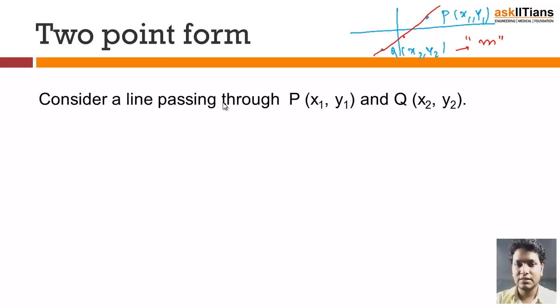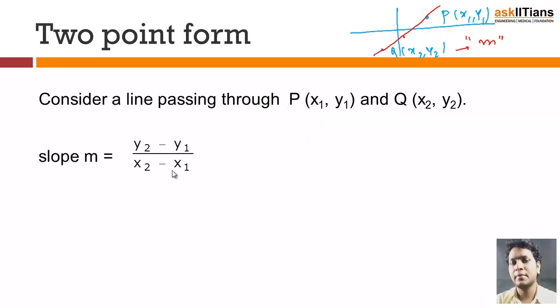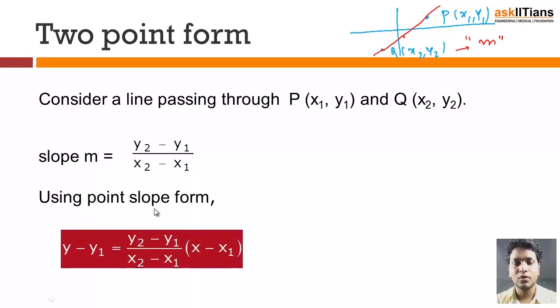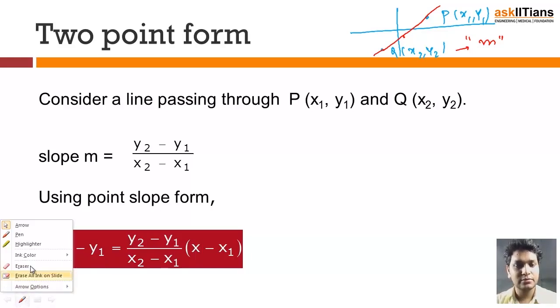So first of all, we'll consider a line passing through point P (x1, y1) and Q (x2, y2). Then the slope can be written as (y2 minus y1) upon (x2 minus x1), the difference in y coordinate upon difference in x coordinate. Using the point slope form again, where m was specified to us but in this case we have found m, the equation will look like y minus y1 equals (y2 minus y1) upon (x2 minus x1), whole multiplied by (x minus x1).